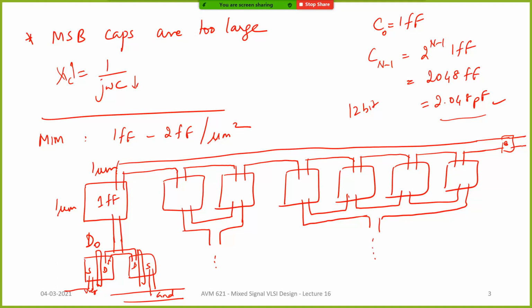Now if this is 1 femtofarad, all this routing, the reason I drew all this routing is, all of them will have some small resistance anyway. Now we are not looking at the resistance now. See, there will be a distributed capacitance.